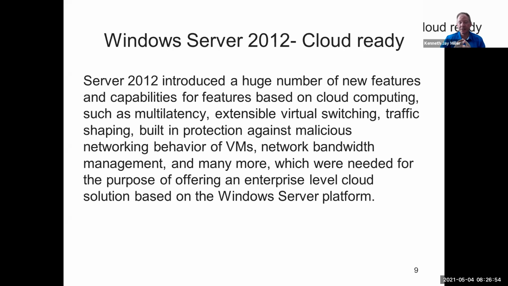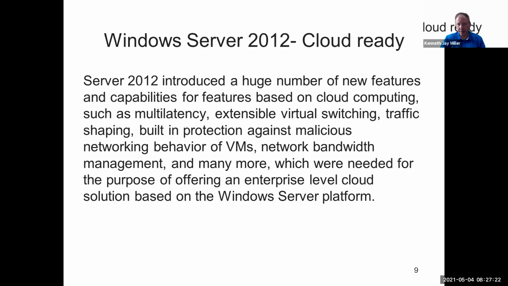And this is referring to multi-tenancy, extensible switching, traffic shaping, built-in protection against malicious networking behavior of VMs, bandwidth management, and a whole bunch more, which was all needed for the purpose of Microsoft's Windows Server enterprise-level cloud solution, all right?